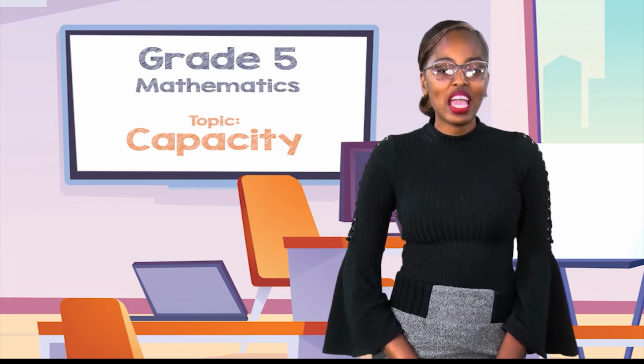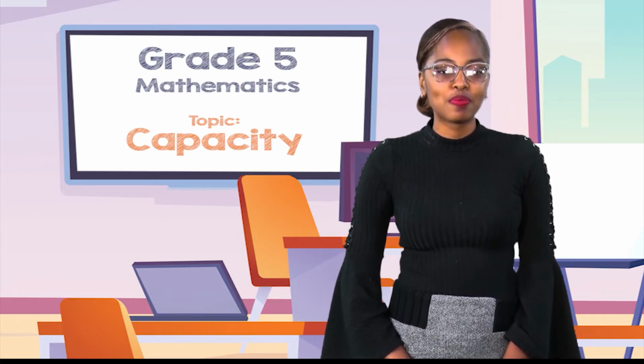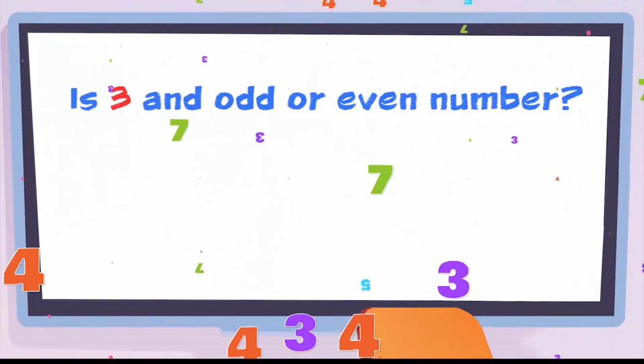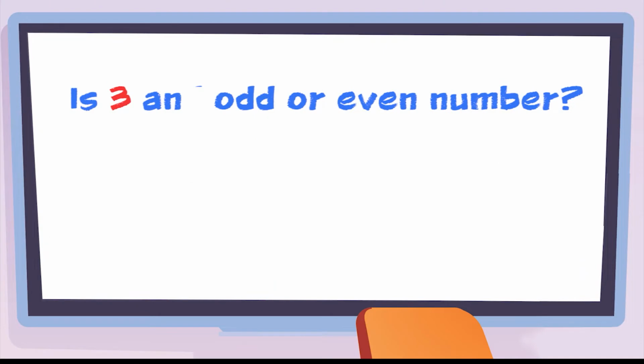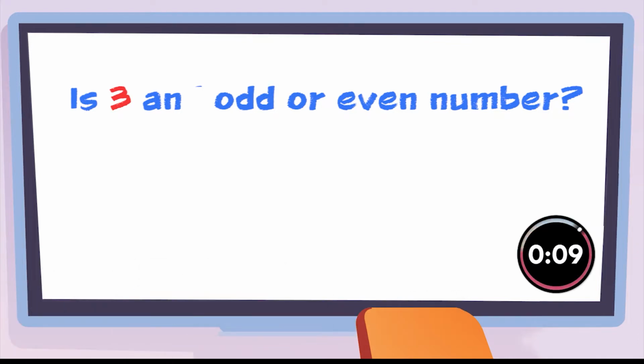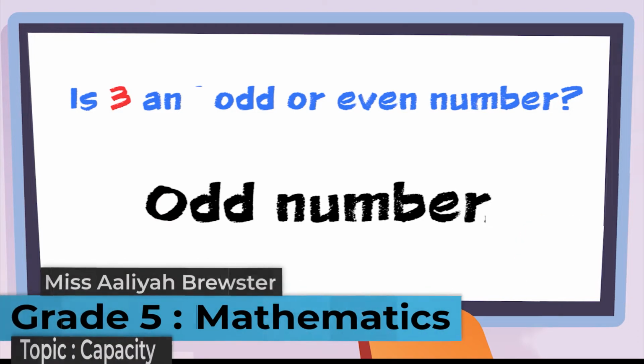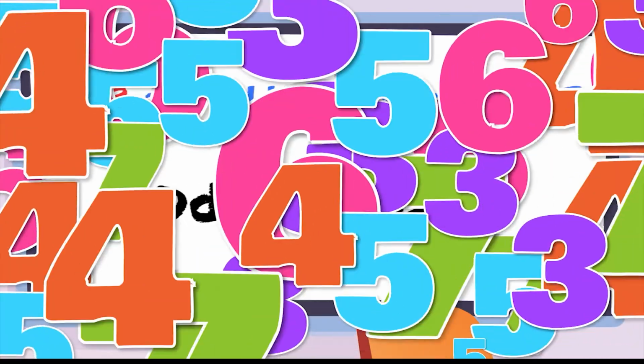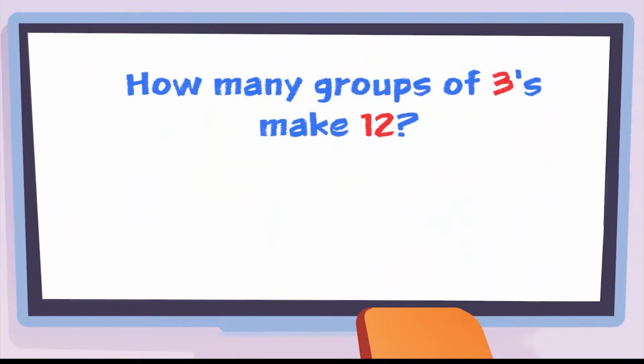Let's continue by answering some quick questions. The first one is, is 3 an odd or even number? Three is an odd number. How many groups of 3s make 12?